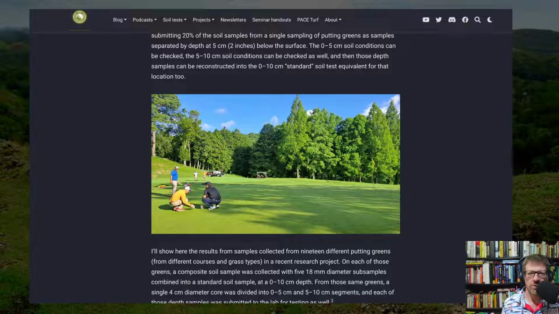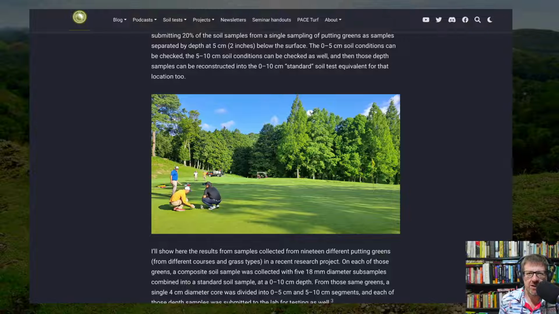So the reason why I recommend this for everybody is because if we don't check this, we don't know. And I think for phosphorus in particular, this is one that a lot of people are doing interesting things with.